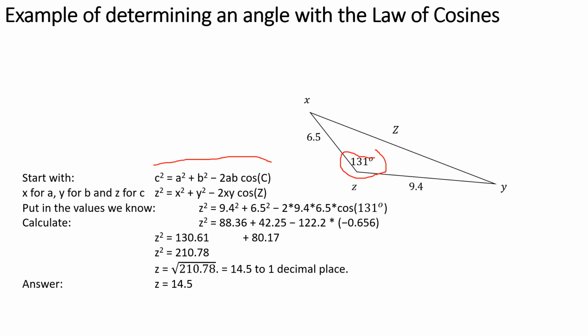Let's take a look at this. The angle is 131 degrees. We now want to know our length of Z from here to here.